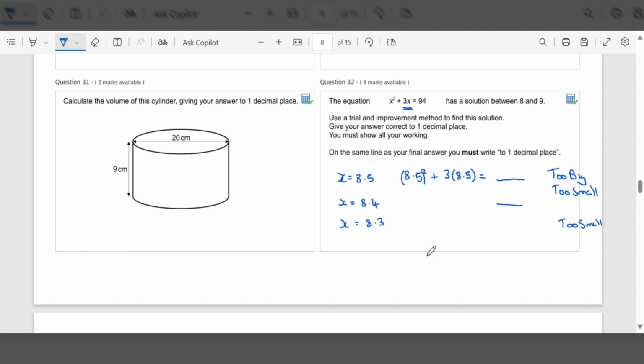Now I'm guessing here because I don't have the answers myself. If the answer is between 8.3 and 8.4, so if 8.4 is too big but 8.3 is too small, then we check the middle. Even though the middle between 8.3 and 8.4 is 2 decimal places, we put that into the formula.